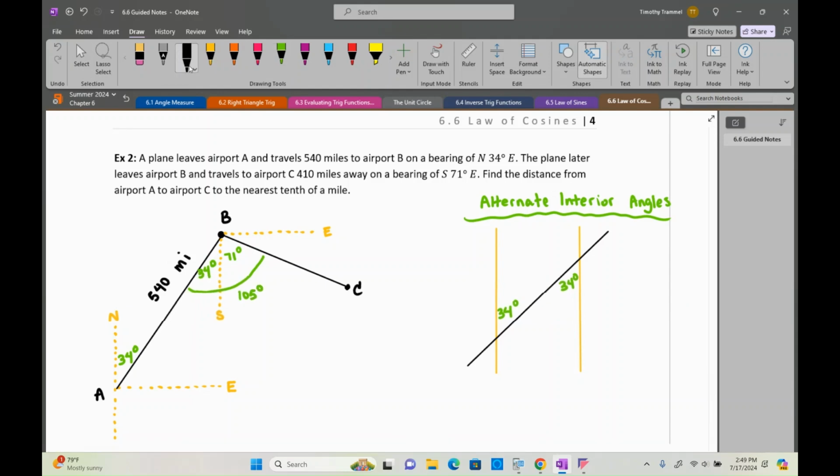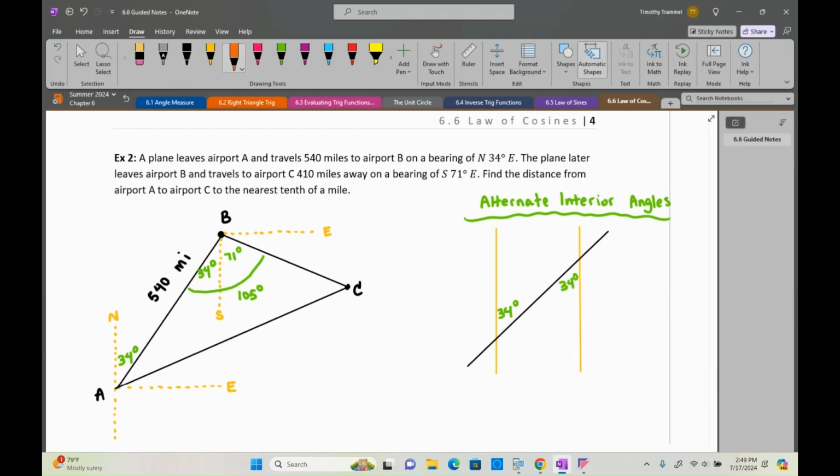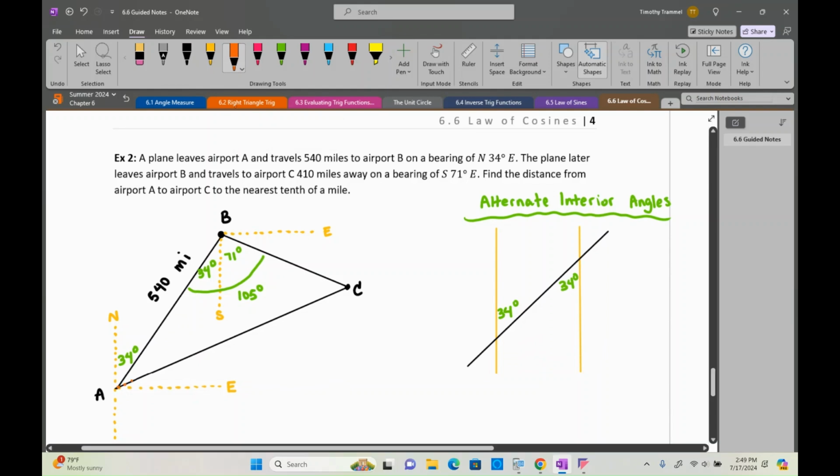Our goal here in the end is to find the distance between airport A and airport C. So I'm going to go ahead and connect those. This is what we're looking for right here. This dotted line I'm putting in orange on top of side length AC.